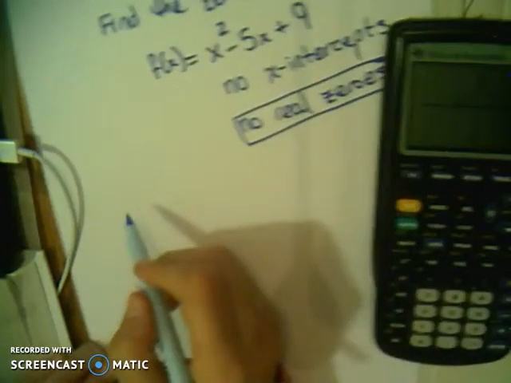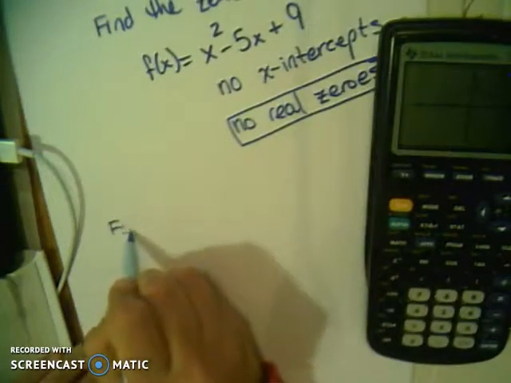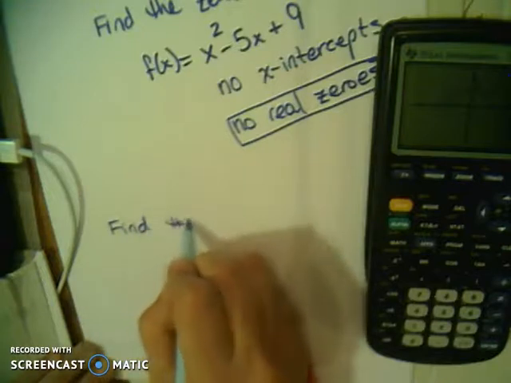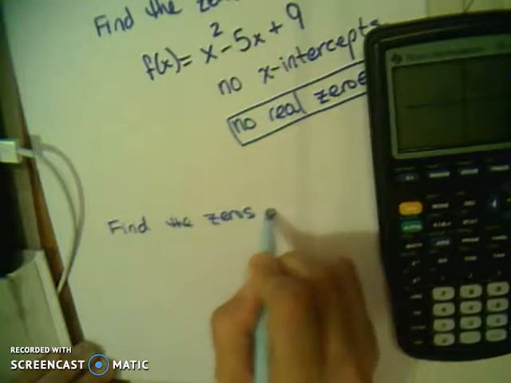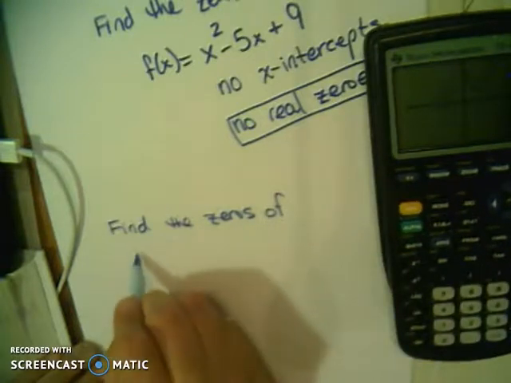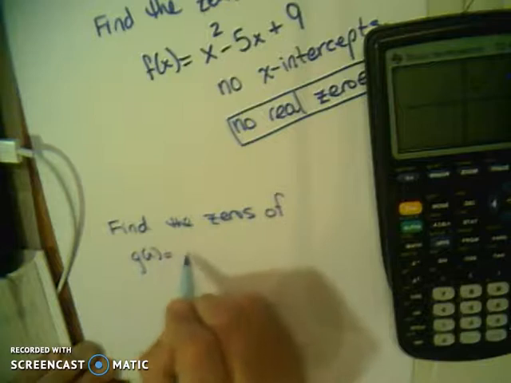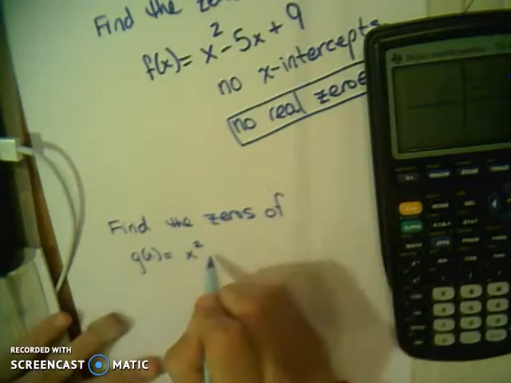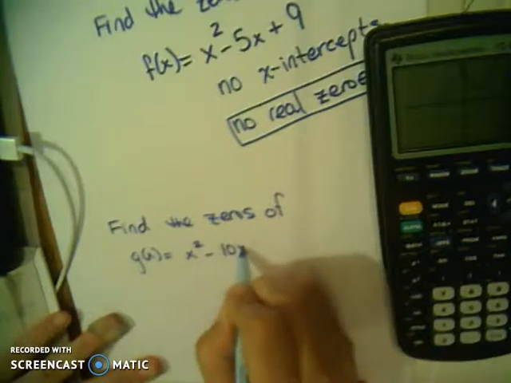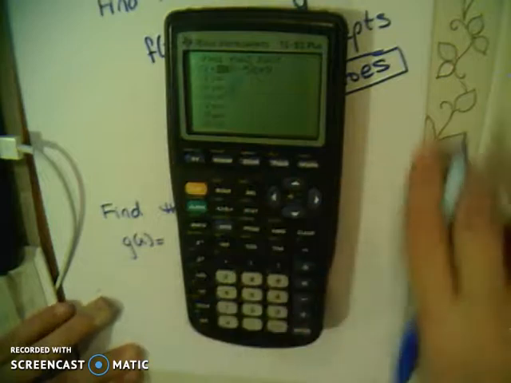Let me see if I can change it real quick before my 15 minutes is up. Let's find the zeros. I just spelled that two different ways, sorry. For g of x equals x squared minus 10x plus 4. And I'm pretty sure this one's going to work.